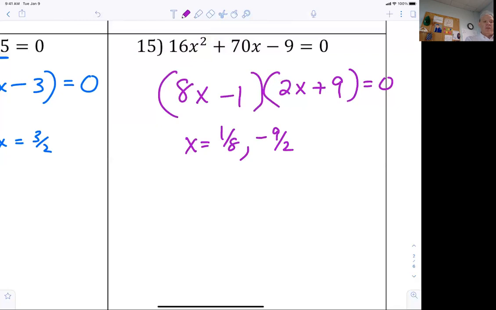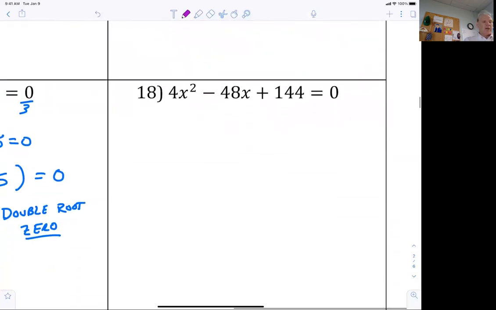All right, everything is equal to 0, so you move the 9, it becomes negative, then you divide by 2, -9/2. All right, if you're not sure, I need to address that and make sure you understand what I'm saying. Anybody have any issues with x equals 1/8 or -9/2? All right, like I said, if you know how to factor, then this is a breeze. All right, here we go, next.